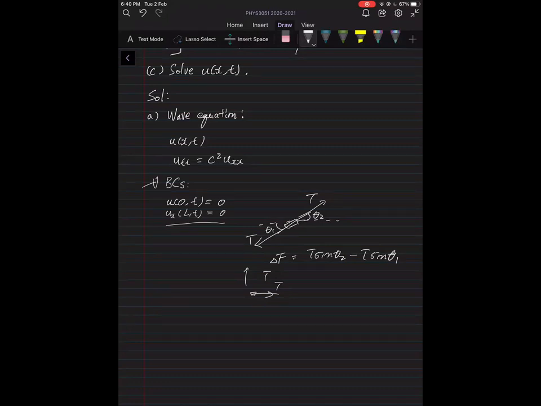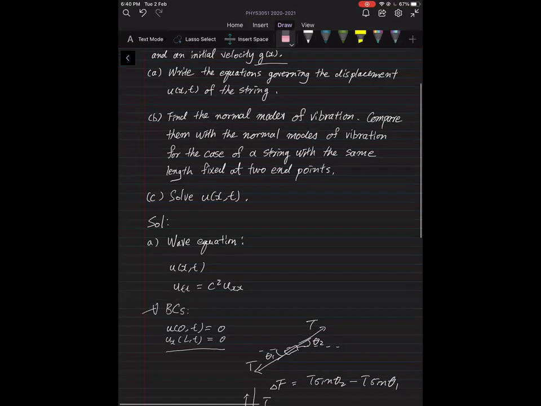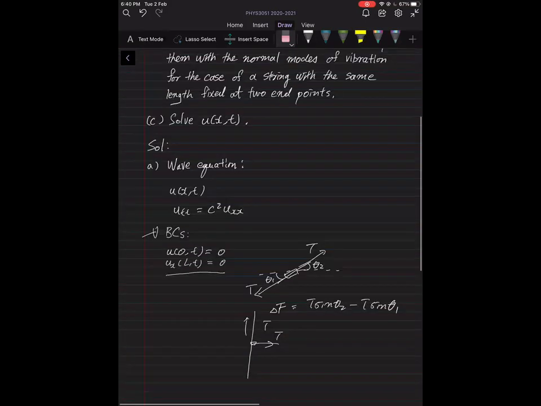And of course, you need some, for example, a frictionless rod to hold it. So that's the reason why having a free end implies the string is horizontal at the end, and therefore the spatial derivative is equal to 0.